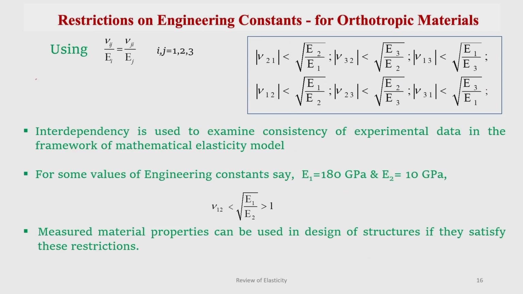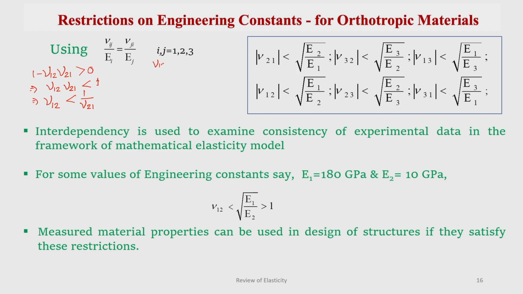Suppose 1 minus nu12 into nu21 is greater than 0. This means nu12 into nu21 is less than 1, which implies nu12 is less than 1 by nu21.